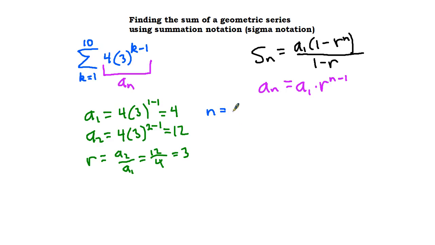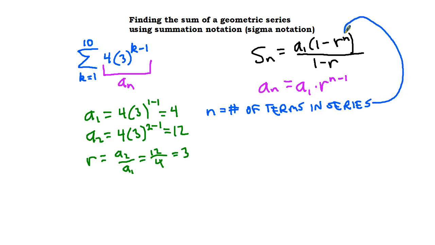In this formula, it's the number of terms in the series. Unfortunately, occasionally a variable gets used for more than one thing. For the n in the formula, n is the number of terms in the series. For this n and this n, it still means whatever number of a particular term that we're interested in.